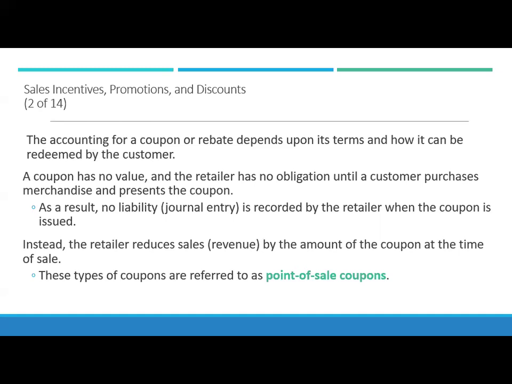There are coupons available out there in the wild to the general public. For example, posting an ad in the magazine, right, that they can bring in the coupon, they can get 10% off. The retailer doesn't have any obligation to provide that until the customer brings in the coupon and gets the 10% off. At that point is when they are providing that discount.